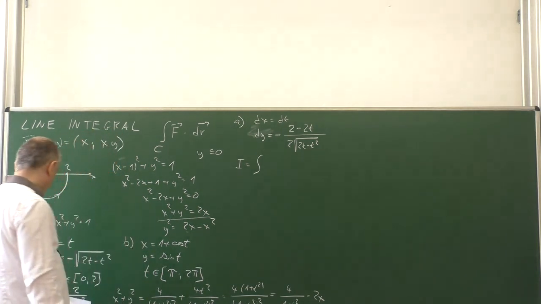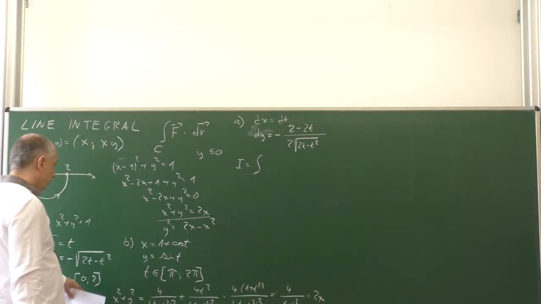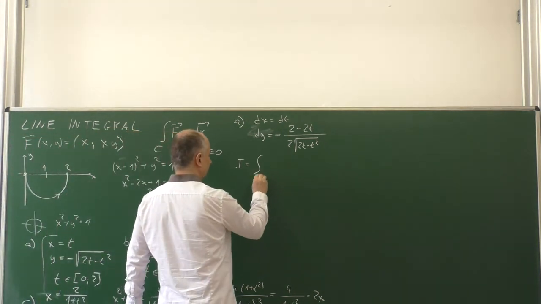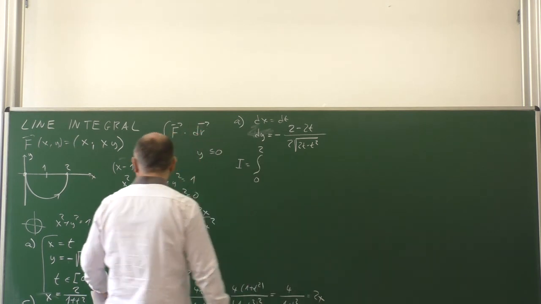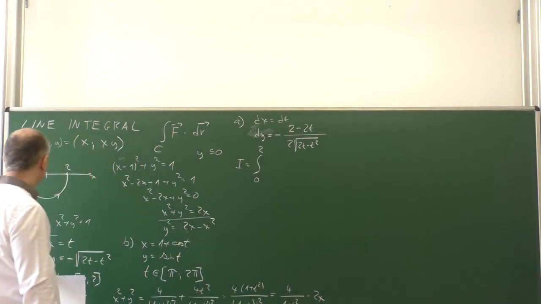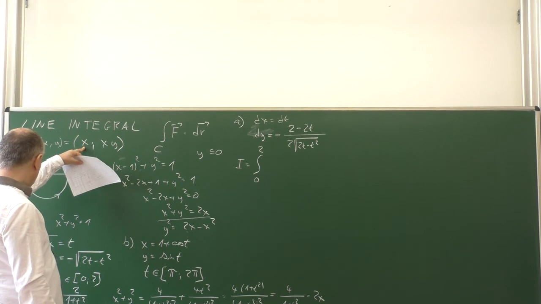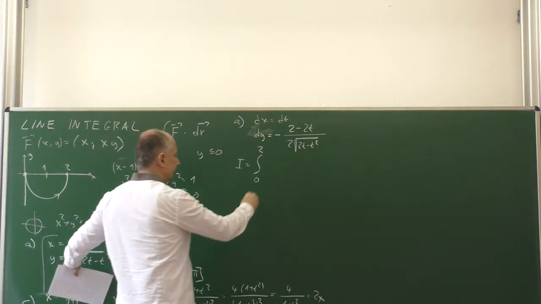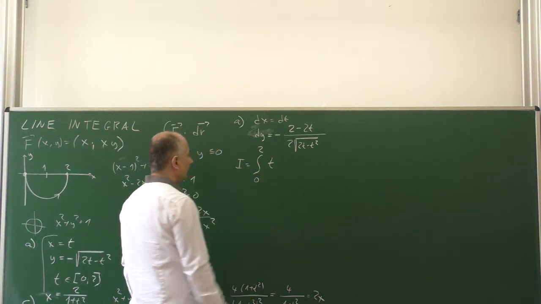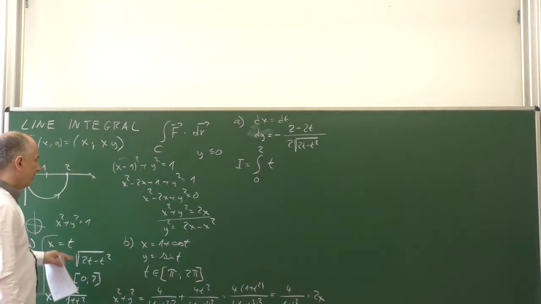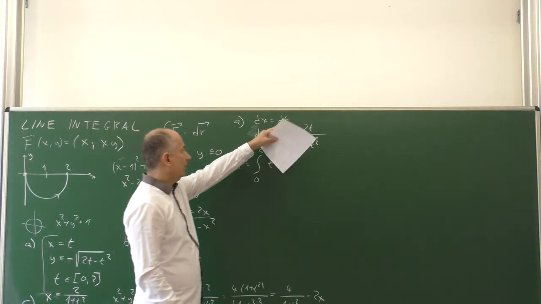And t runs from 0 to 2. f1, which is x, which is t, times dx, which is 1 times dt.